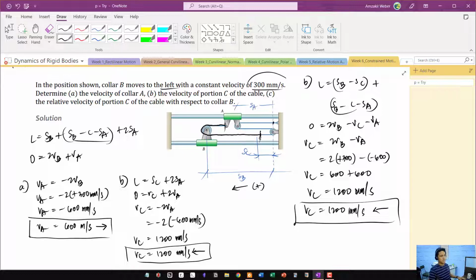So the question here is, yes, we solved for VC using two cases. The other one is using two parts of the rope. But is this answer just luck, or is this absolute? That's the question. This 1200 mm per second, is this the absolute velocity of point C?